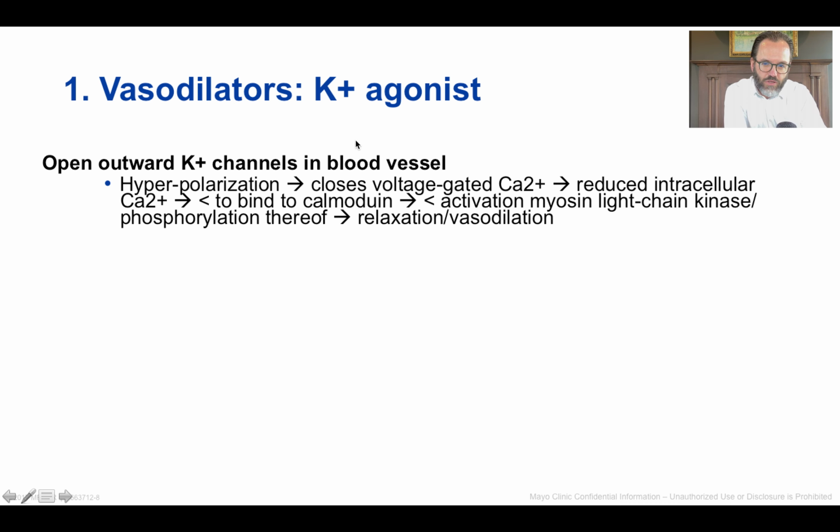Now, when we start to move more towards drugs that we've talked about in greater detail in the course, for example, with nitrodilators, there, of course, we've got nitroprusside. So nitroprusside is metabolized by blood vessels to generate nitric oxide. And as we discussed in detail in one of our previous lectures, nitric oxide is a fantastic vasodilator.